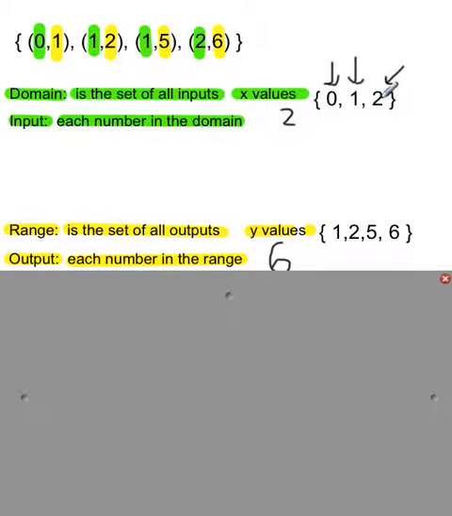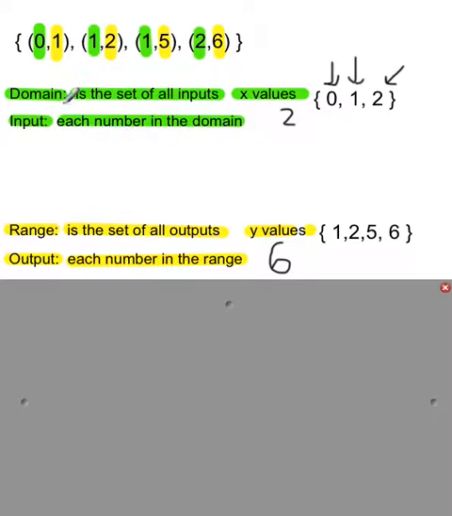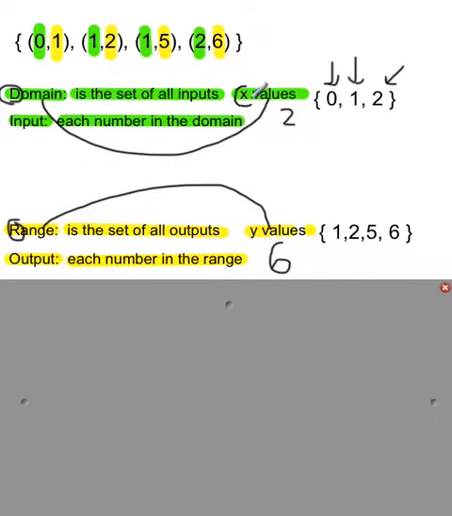Inputs are your X's. So to keep this straight, remember, domain is the X, range is the Y. I just think alphabetically, D comes before R, just like X comes before Y. That's how I keep them separated. Domain is X, range is Y.